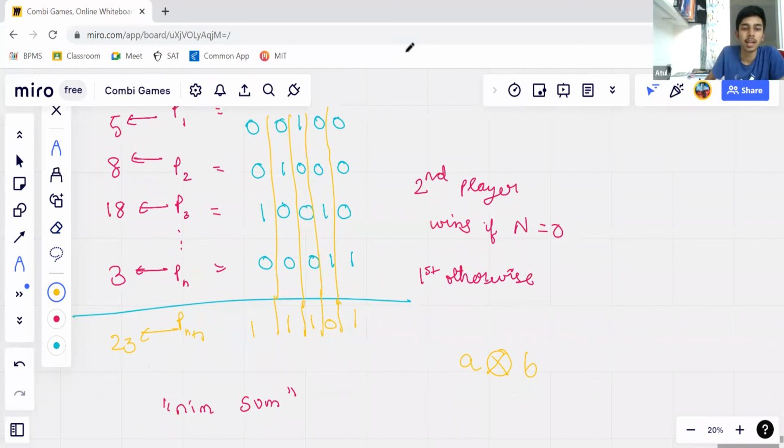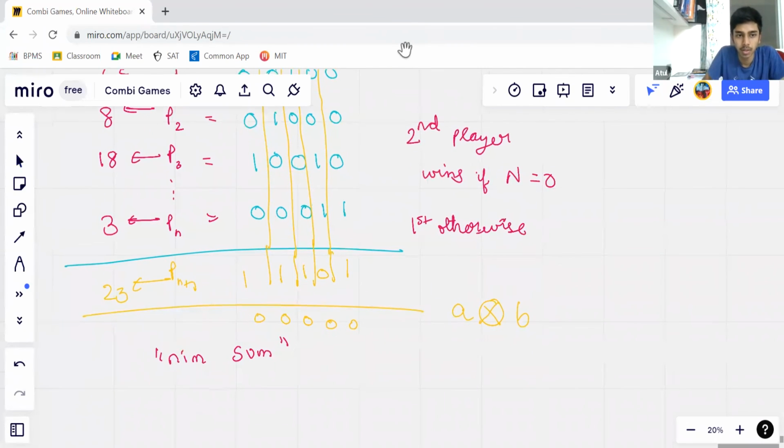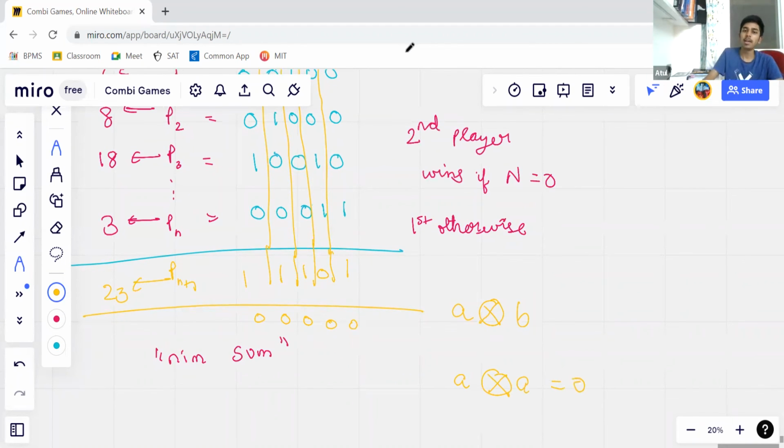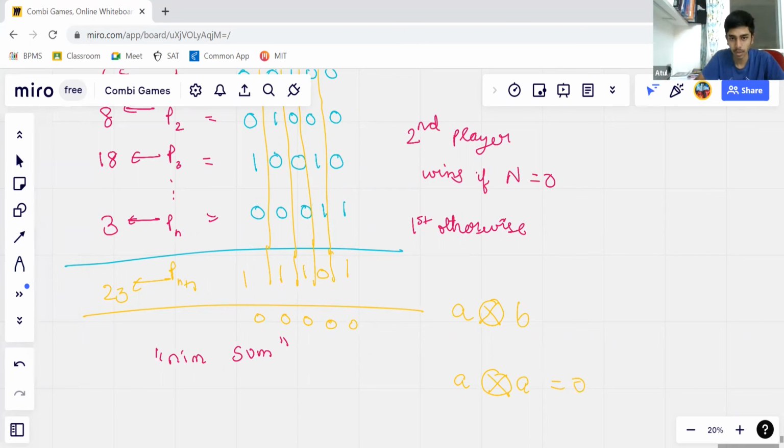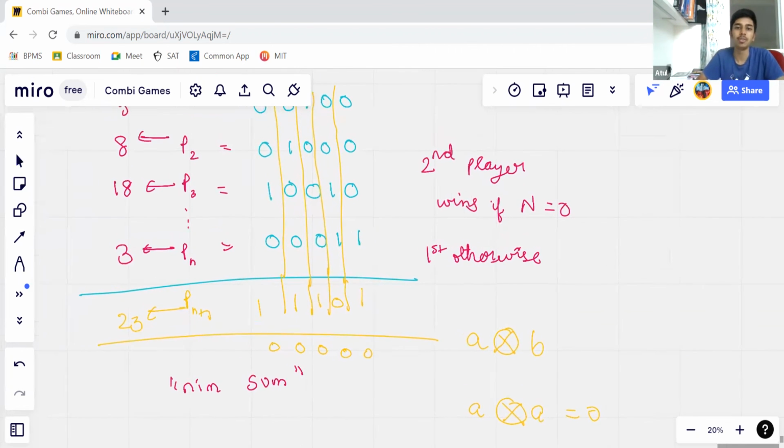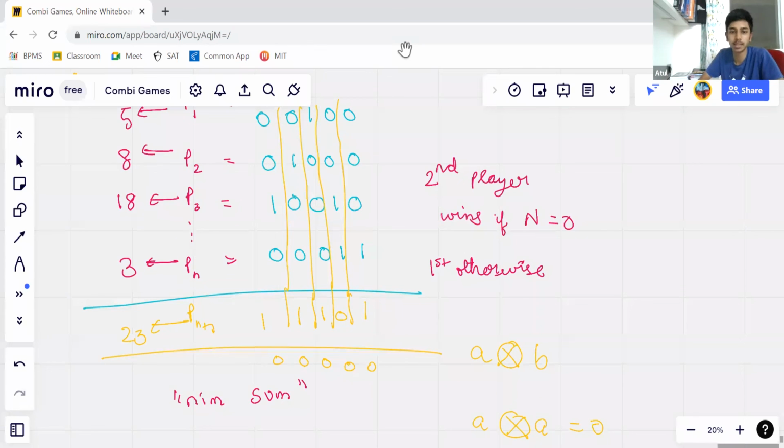Can any of you help? 23. Okay, so in this case, if you compute the bitwise XOR, it turns out to be 0. You can see why this is true: if you add the same thing twice, in every place the digit occurs an even number of times, so it has to add to 0.